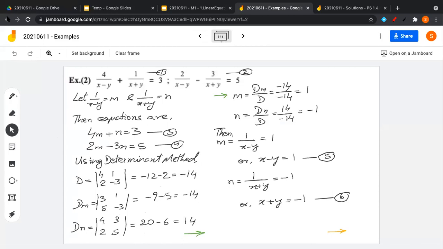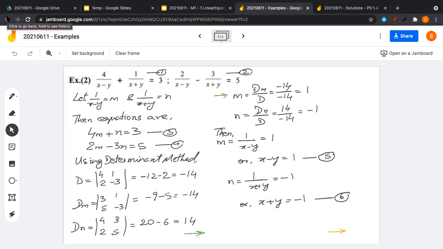We start by substituting 1 by x minus y and 1 by x plus y as m and n respectively. So from equation 1 and 2, we get equation 3 and 4. We can solve equation 3 and 4, whichever method we want to use. Here I have used the determinant method.